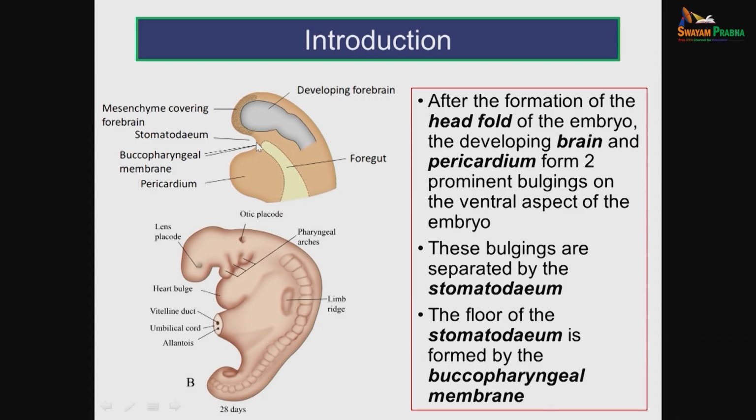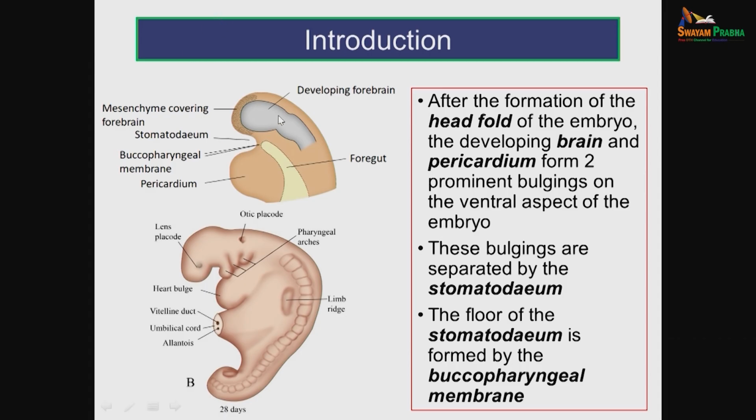The neck is formed between the stomatodium and the pericardium by the development of mesodermal bars, which are called pharyngeal arches in the lateral and ventral walls of the foregut. This is quite relevant to the development of the face.